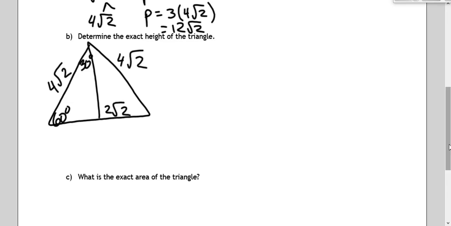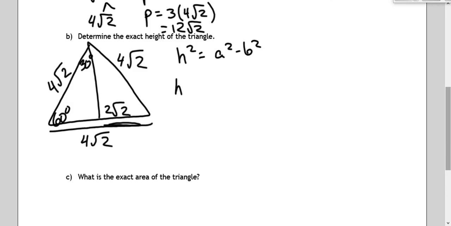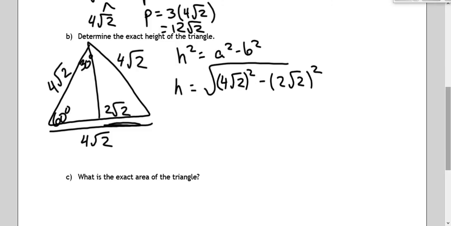So if I'm trying to find height here, height squared is equal to a squared minus b squared. Remember that this is 2 root 2 because the whole side length here is 4 root 2. So then height is equal to the square root of 4 root 2 squared minus 2 root 2 squared. Now the nice thing is that we kind of just apply this in.